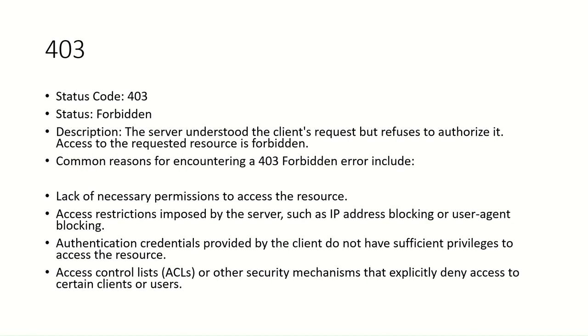Okay, so this is about the 403, which is forbidden. In the description, we can say that the server understood the client request but refuses to authorize it. Access to the requested resource is forbidden.